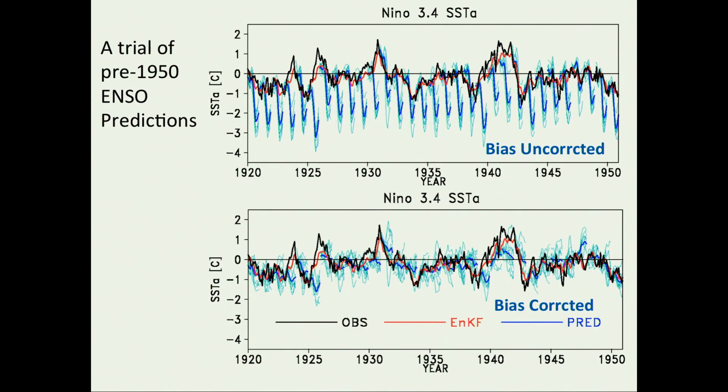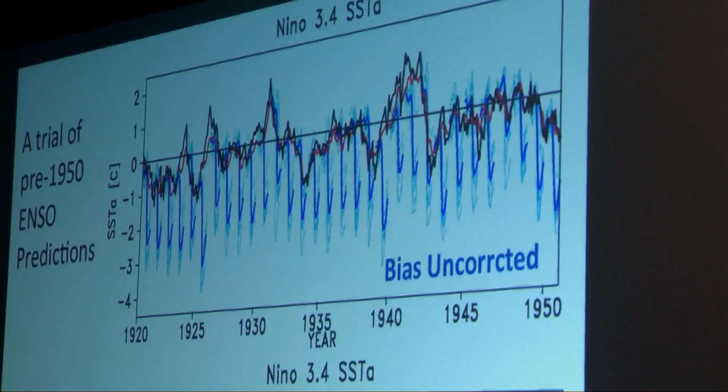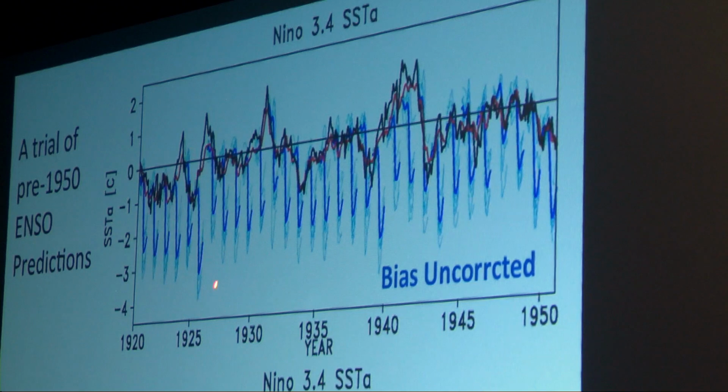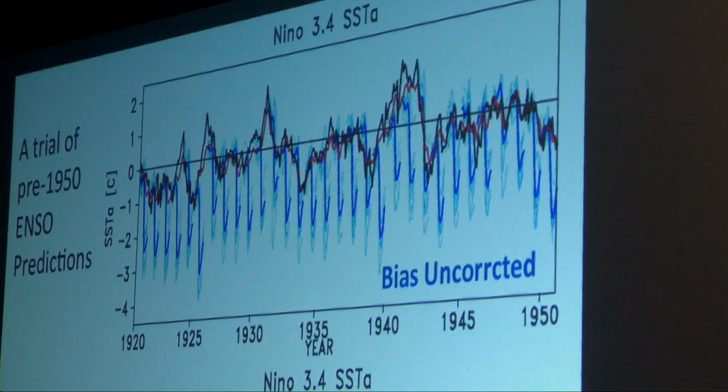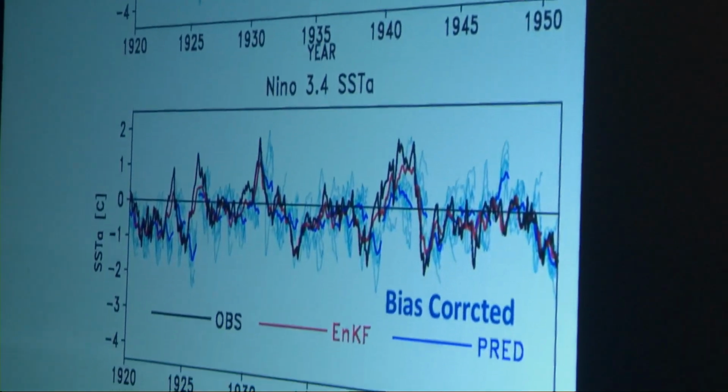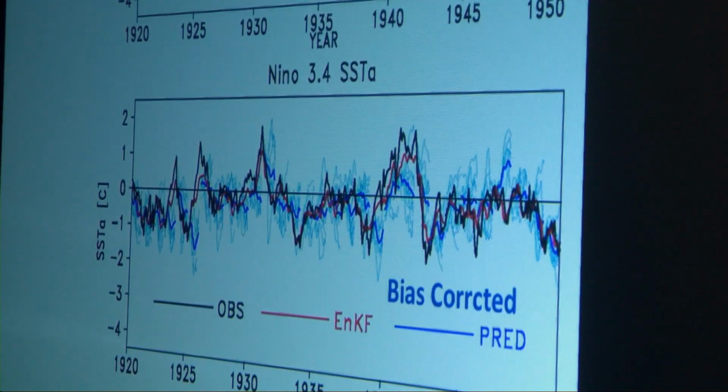And this is Nino 3.4, and these are re-forecast trials. Since this is not anomaly assimilation but full field assimilation, it miserably drifts. But if you do the bias correction, it looks okay. So this is fun, but a little bit serious.